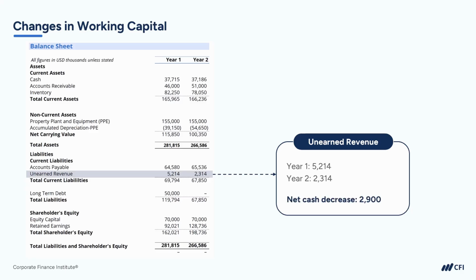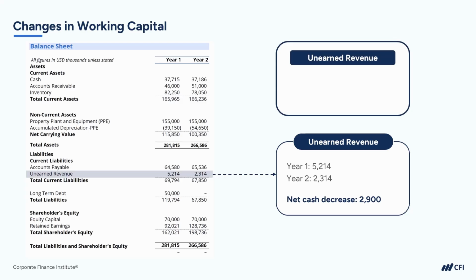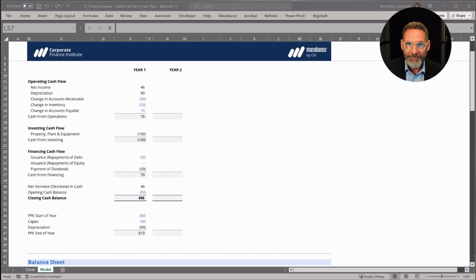So in summary, when unearned revenue goes up, cash goes up, and we show that with a positive number. Positive numbers are used for cash inflows. When unearned revenue goes down, cash goes down, and we show that as a negative number representing a cash outflow.